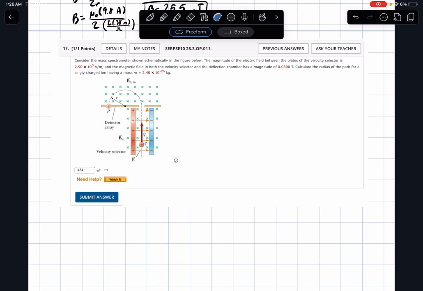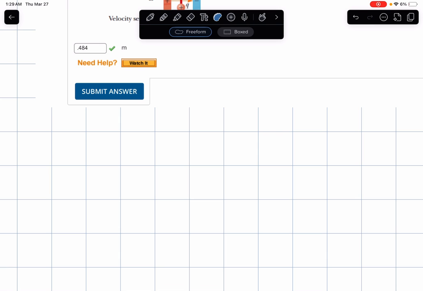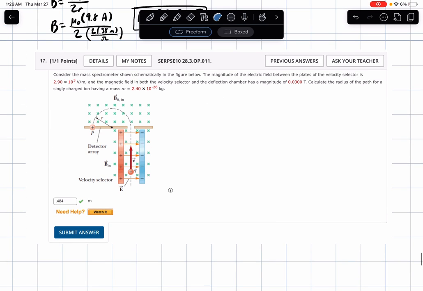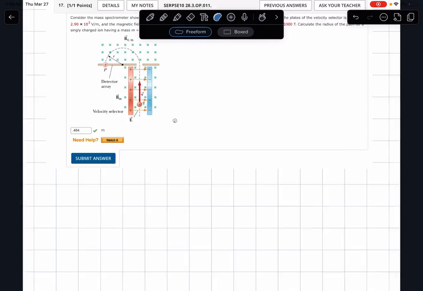So, in the mass spectrometer, what happens is that the electric force and the magnetic force are going to be equal.